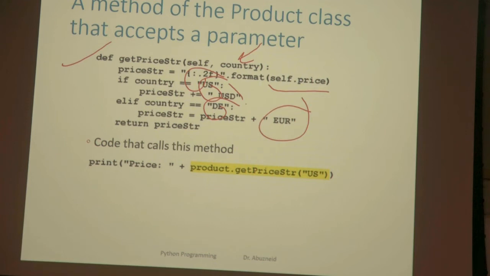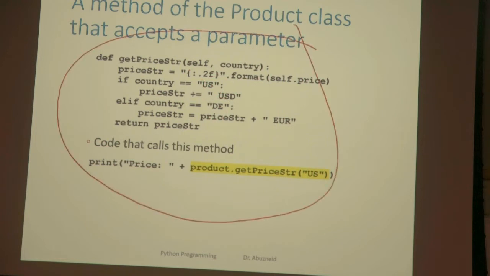All right? So in this example, what we did, we created a method. How many parameters does the method have to pass to it? One parameter, which is the country. All right? This is country.